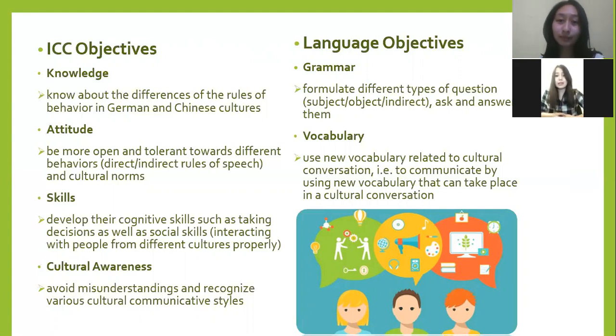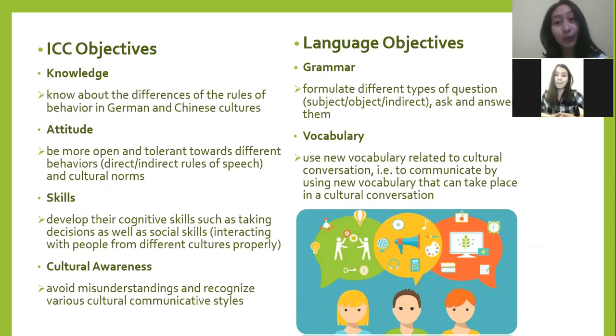Skills is about developing learners' cognitive skills such as making decisions, as well as social skills like interacting with people from different cultures properly. And the last one is cultural awareness. It is to avoid misunderstandings and recognize various cultural communicative styles.